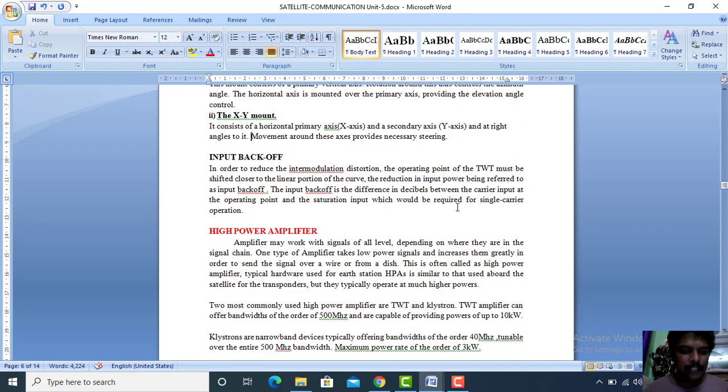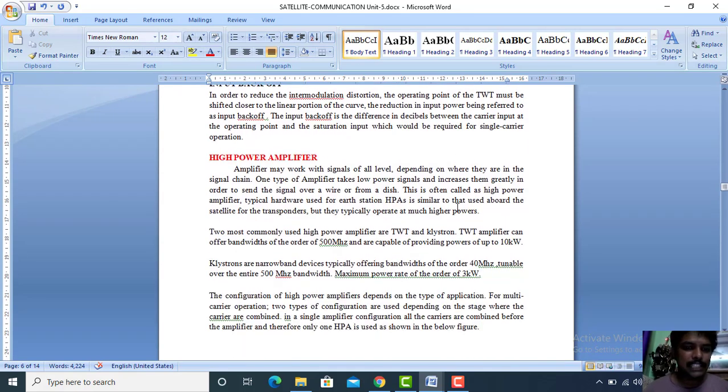Next, input back-off. Input back-off is used to reduce intermodulation distortion. It is the operating point of the TWT, which is a traveling wave tube.